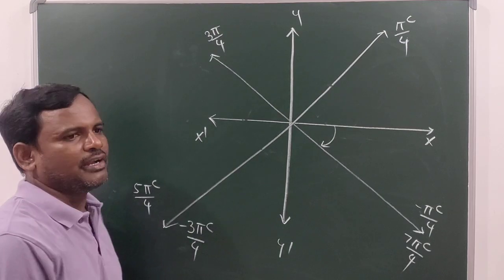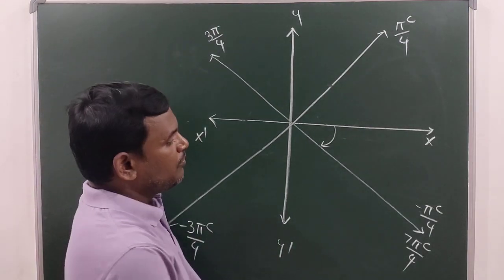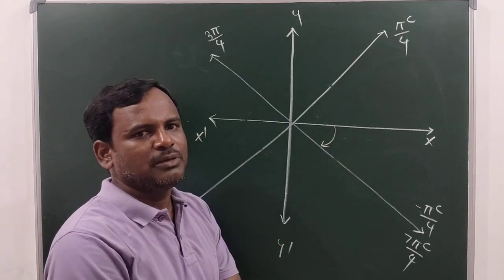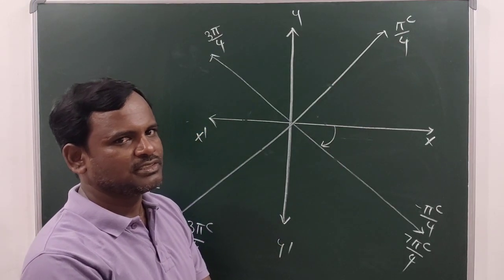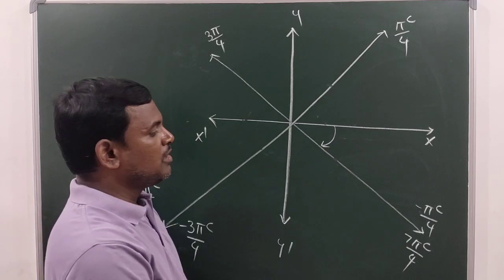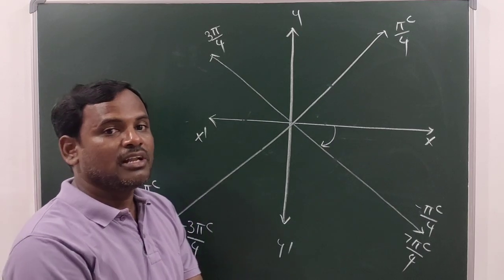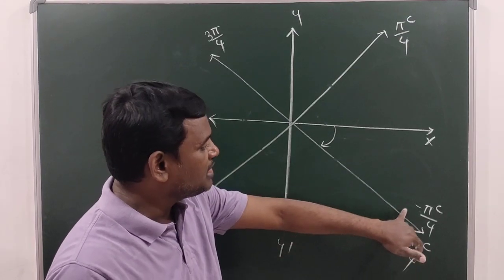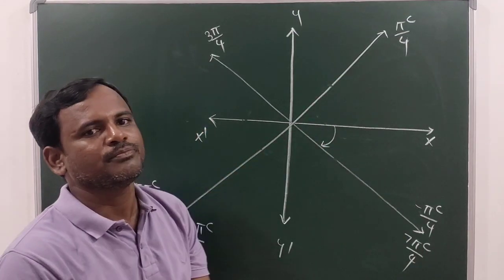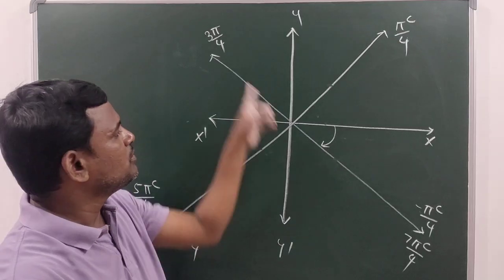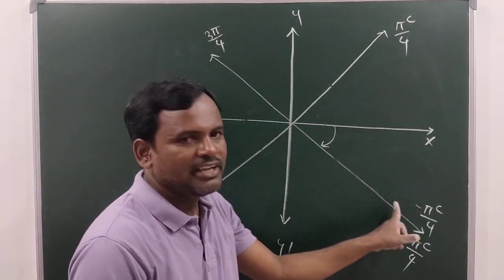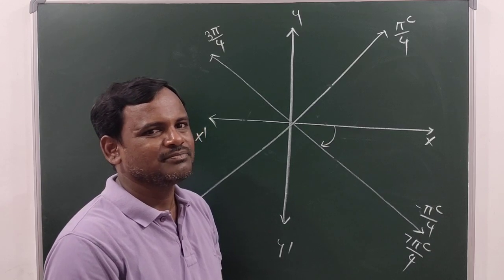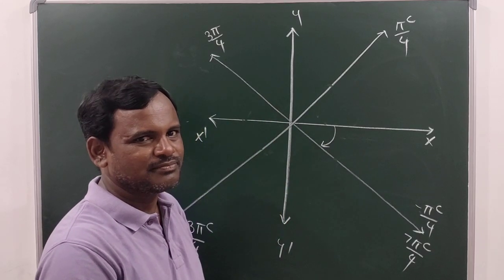Now from here to here in this interval, tell me how C plus S and how C minus S. Tell me the sign of C plus S and C minus S from minus pi by 4 to 3 pi by 4. So this line we have drawn for C plus S diagram in the previous two diagrams.